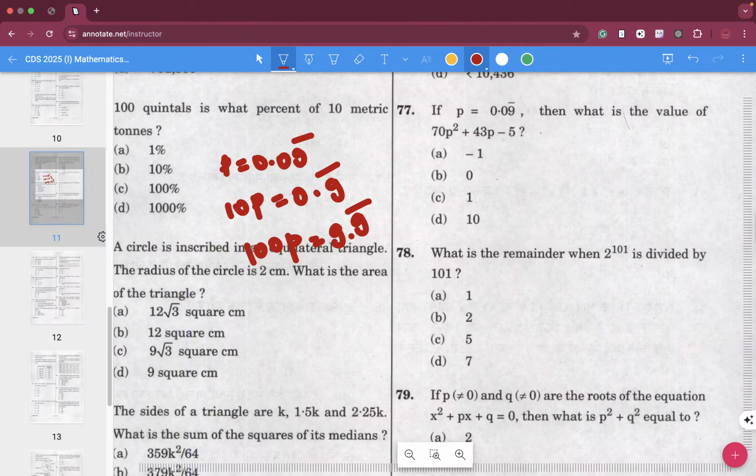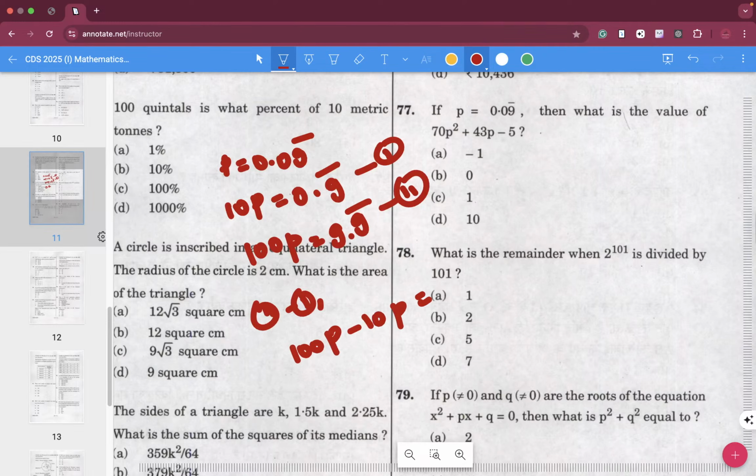Let's call the first equation 1 and the second equation 2. If we do 2 minus 1, then 100p minus 10p is equal to 9.9 bar minus 0.9 bar, which means 90p is equal to 9, so p is equal to 1 by 10.